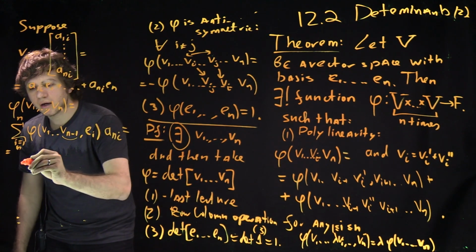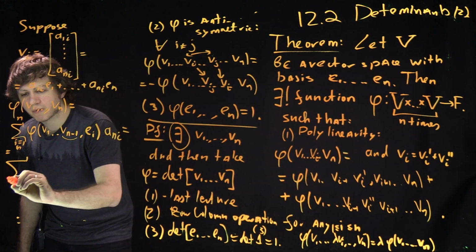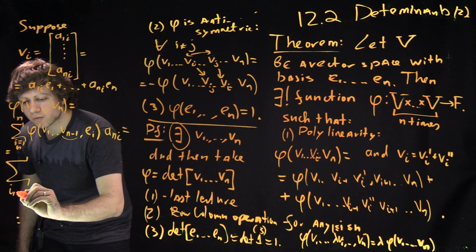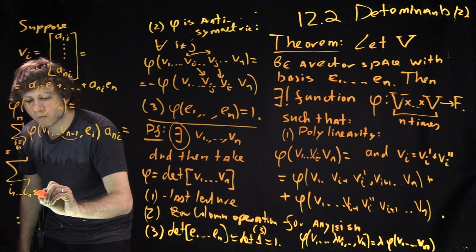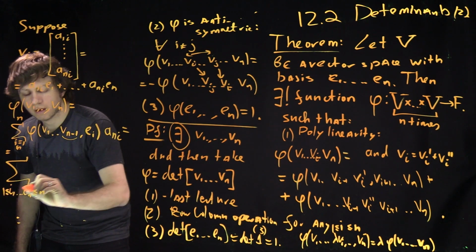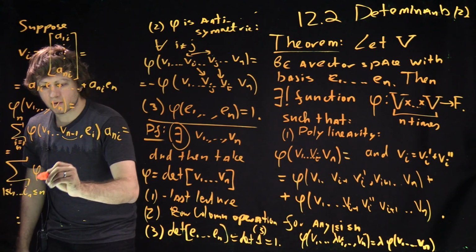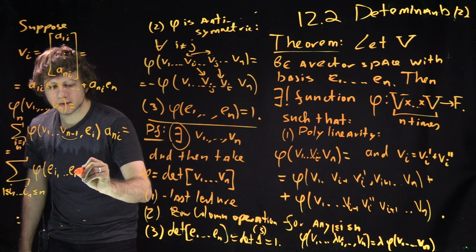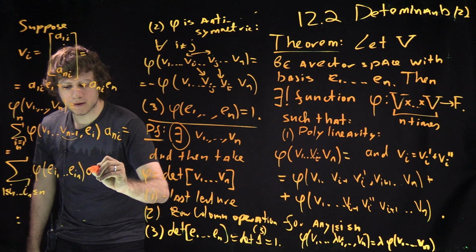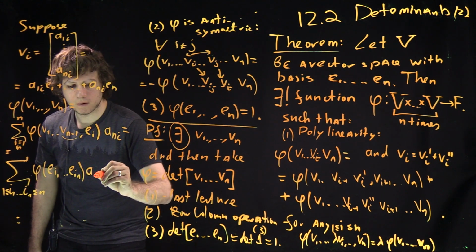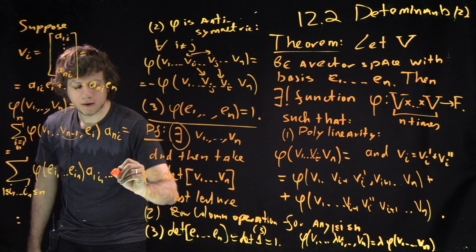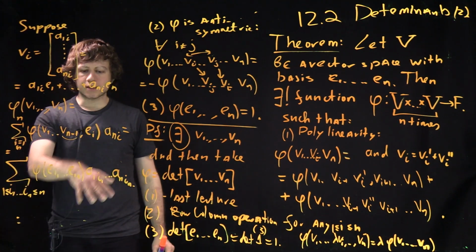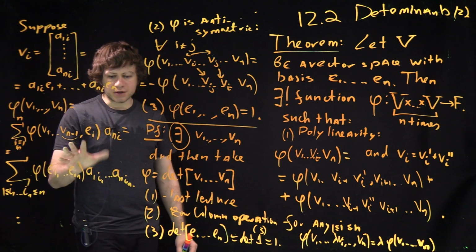And so eventually, when I open all the brackets, I will get a sum over i1 up to in from 1 to n of phi of ei1 up to ein times a 1i1 up to an in.